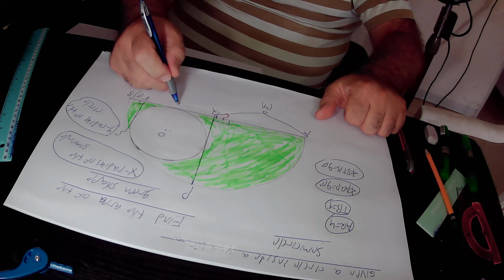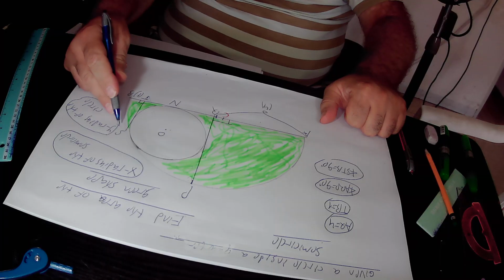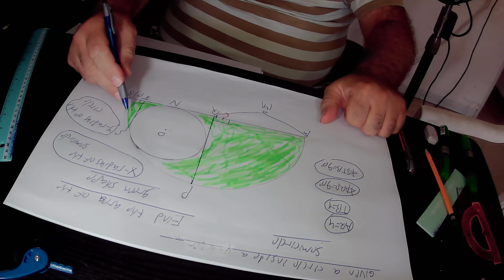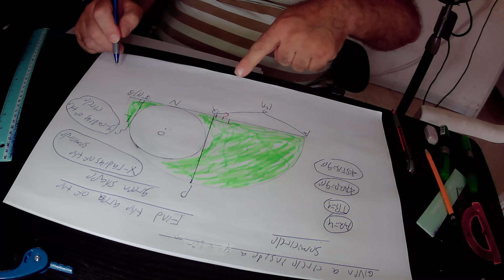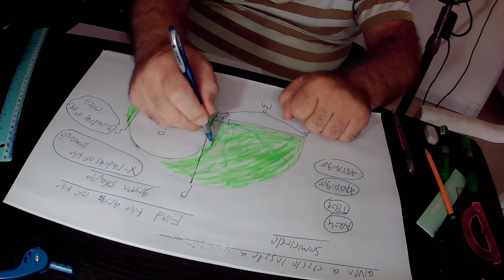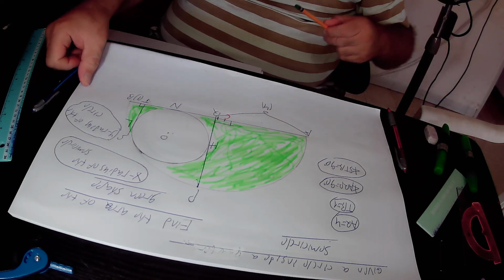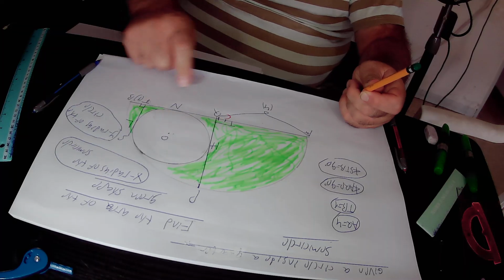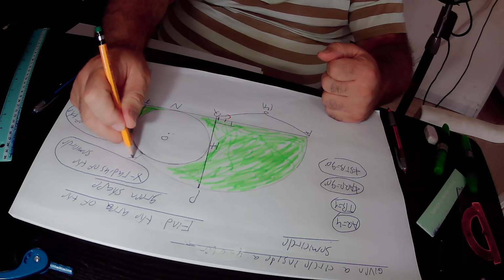This point is point N. We define the point of tangency of tangent ST with this small circle. This point is point L. We define the point of tangency of tangent PQ with this small circle. This point is point H. And finally, we define the touching point of the small circle with the big semicircle. This point is point K.